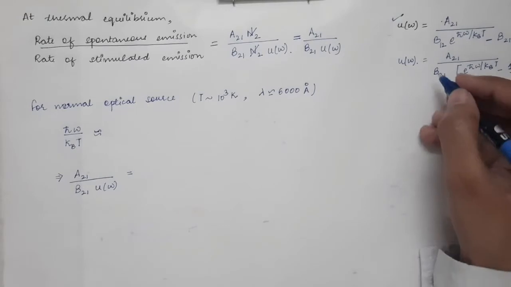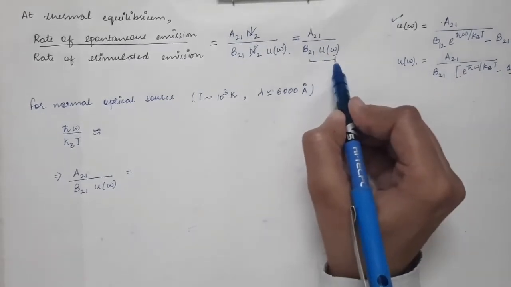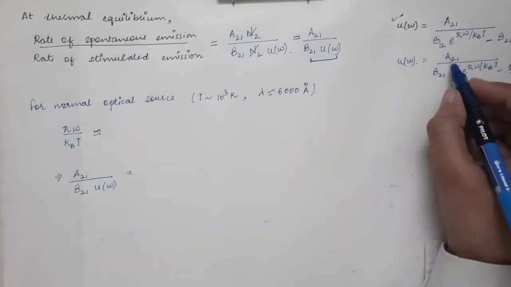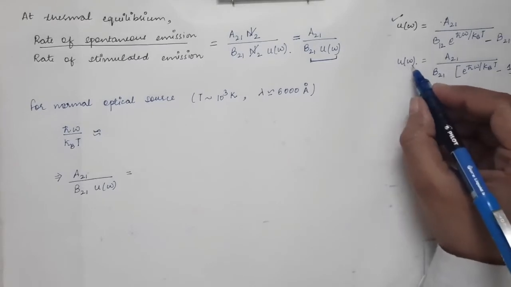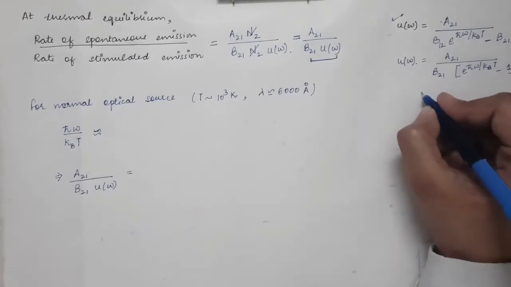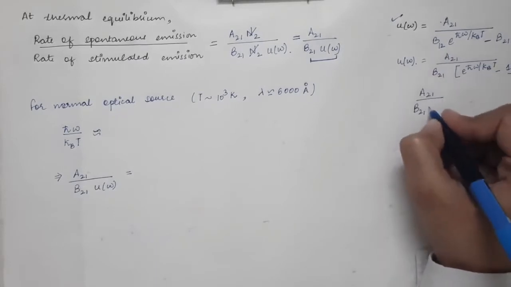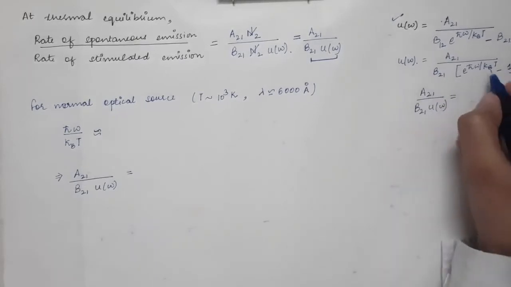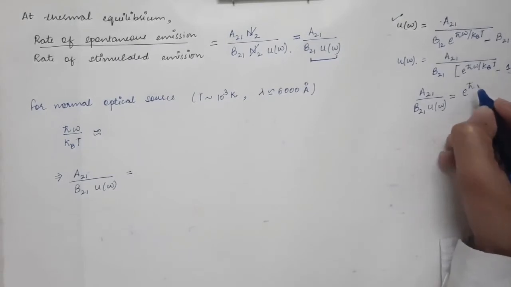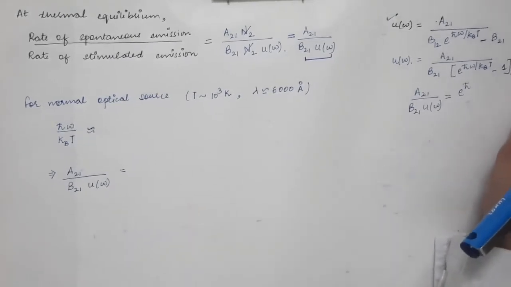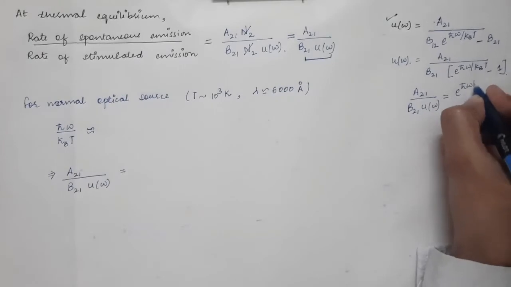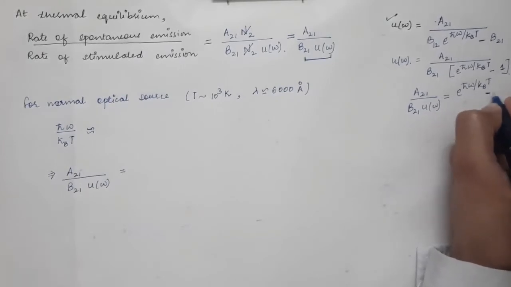Now from here we are going to take this ratio, that is A21 divided by B21 into U of omega. So that will come out to be equal to, after you rearrange this equation, e power h cut omega by kBT minus 1.